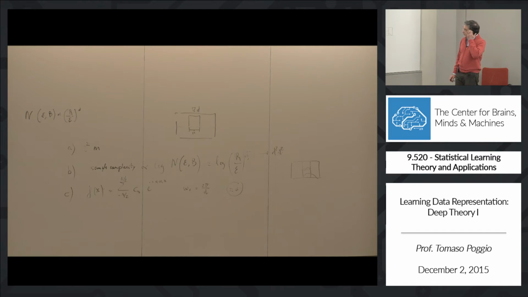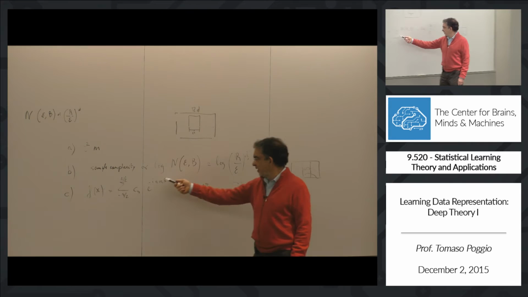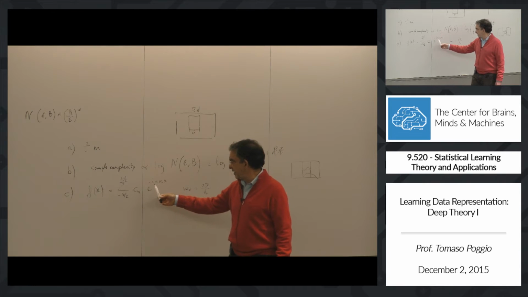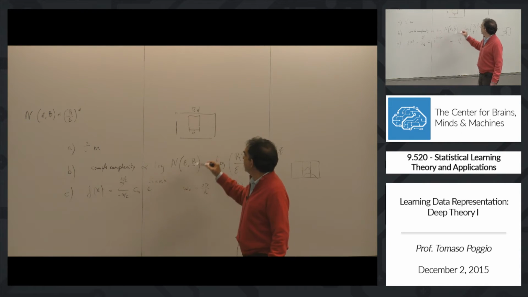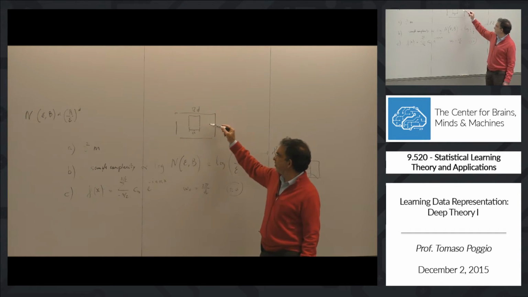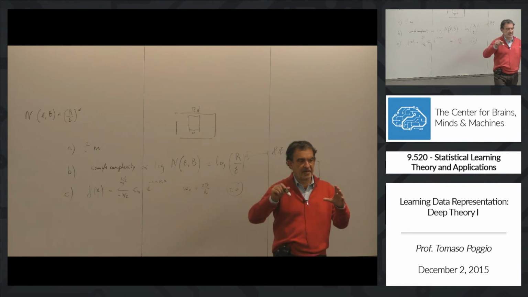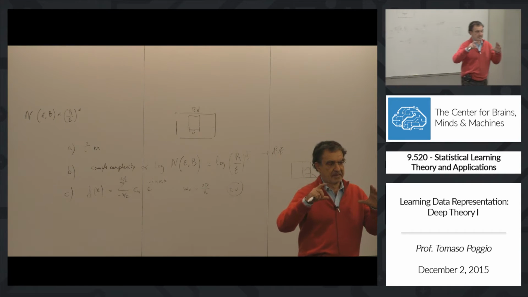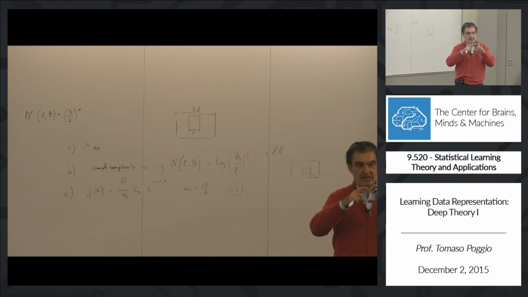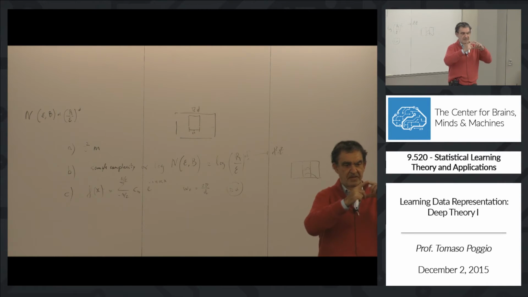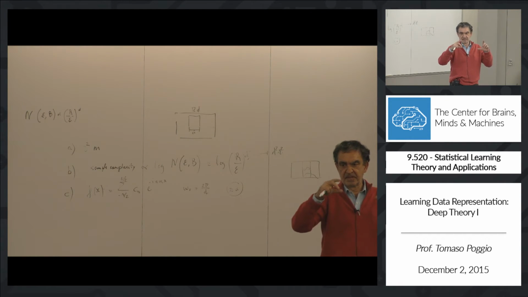Okay. I can do the same using the Fourier series. This argument also works if instead of translation, I now have, say, polar coordinates, where I can represent a pattern that rotates and expands around the center.